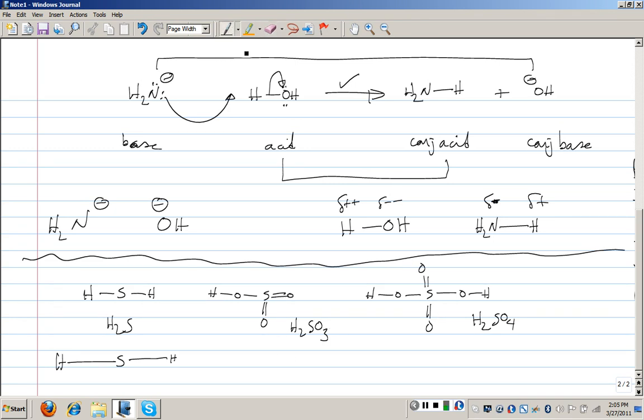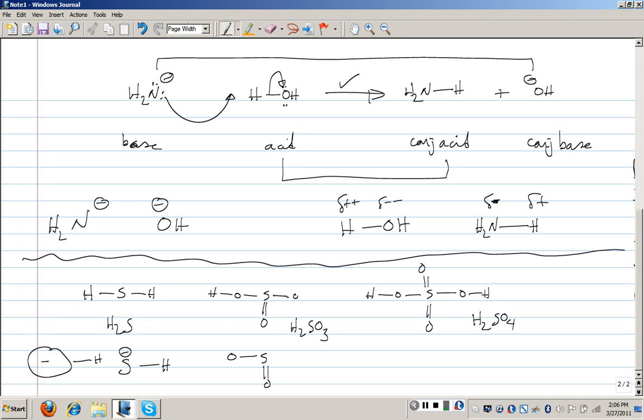So what I'm going to do then is look at the species formed upon deprotonation. When H2S is deprotonated, I make SH minus, and the negative charge here is on a fairly large sulfur atom. But when I deprotonate the sulfurous acid, oh, good Lord, this is not the right structure.